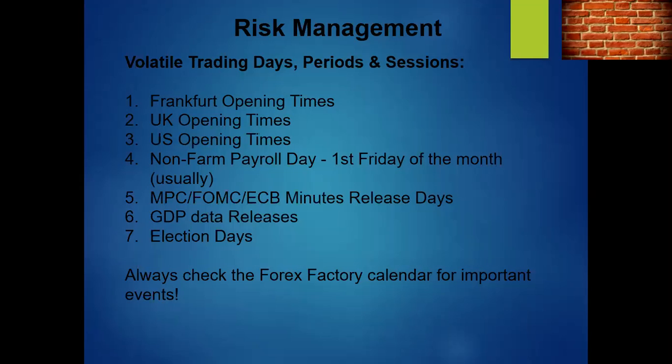If the FOMC minutes reveal that an interest rate hike is being considered by the Fed, then again, everyone will buy the US dollar, which will mean selling or shorting the GBP/USD, because the USD will strengthen, which will weaken the GBP.